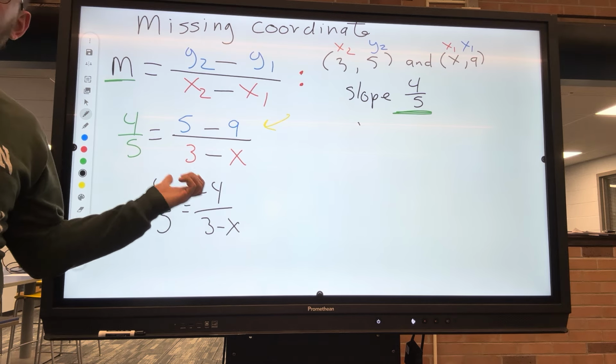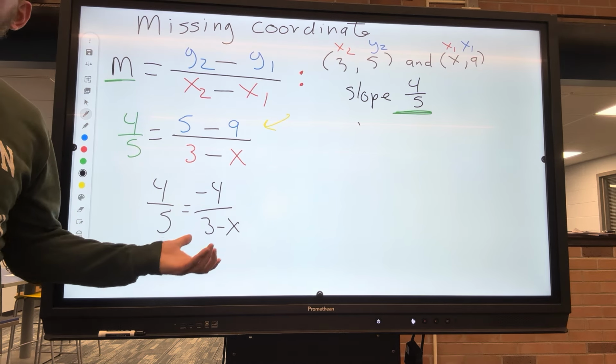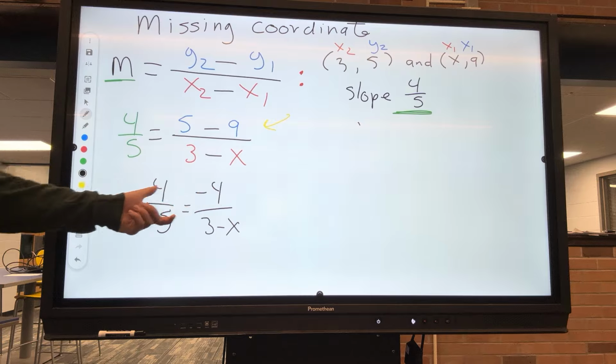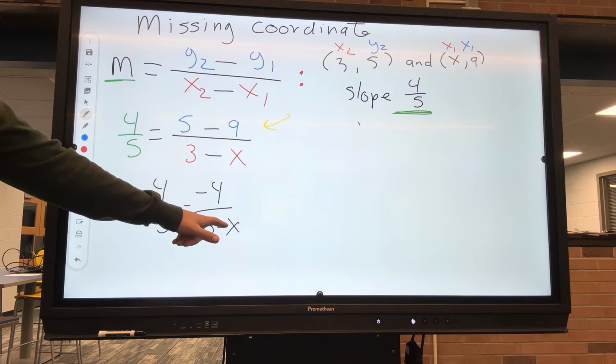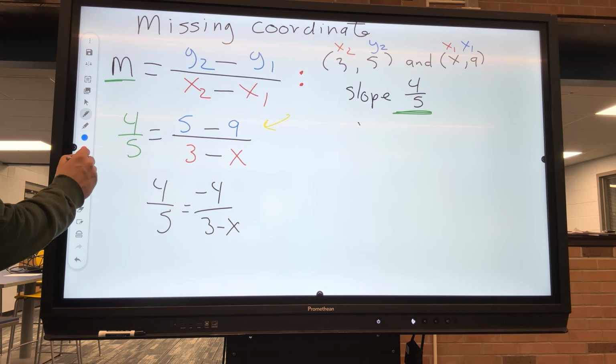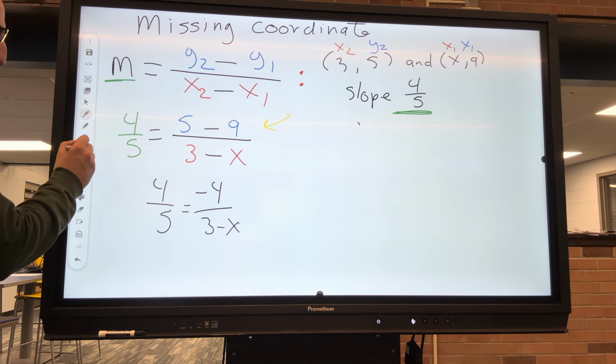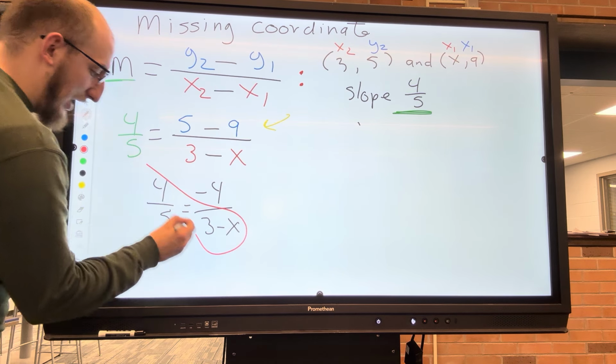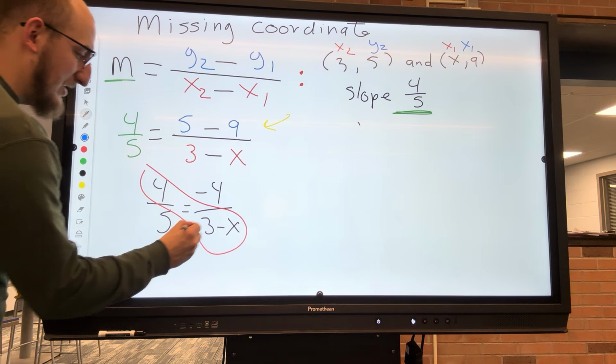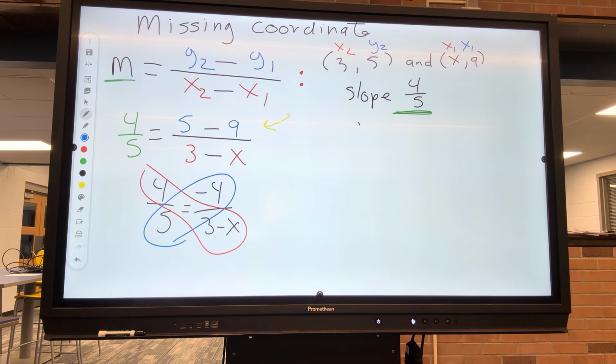Now, even though I haven't talked about how to do this yet, we're going to talk about it now. This is called a proportion, right? How to solve for a variable in a proportion is we do something called cross multiply. We have to multiply these guys together and then these guys together and set them equal to each other.